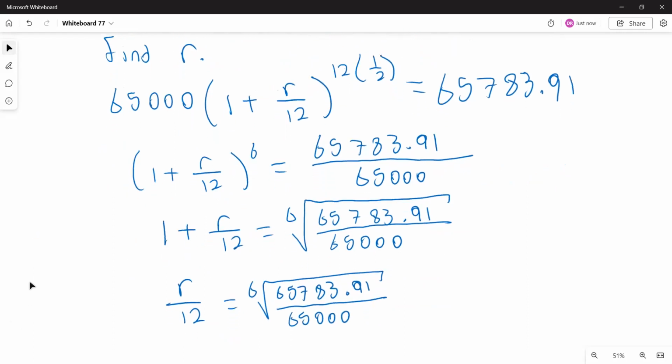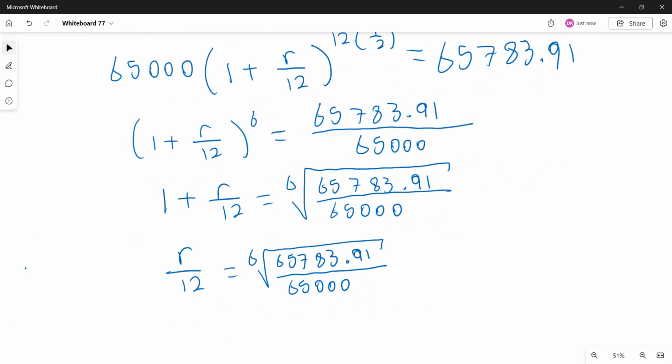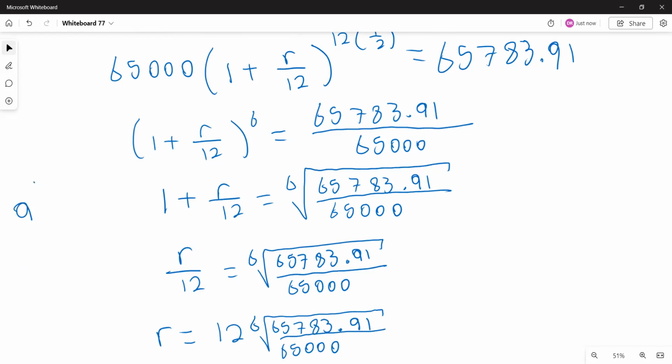And the interest rate is 12 times that. It's 12 times the sixth root of 65,783.91 over 65,000. Remember that a number raised to the 1/6 is the sixth root of that number.